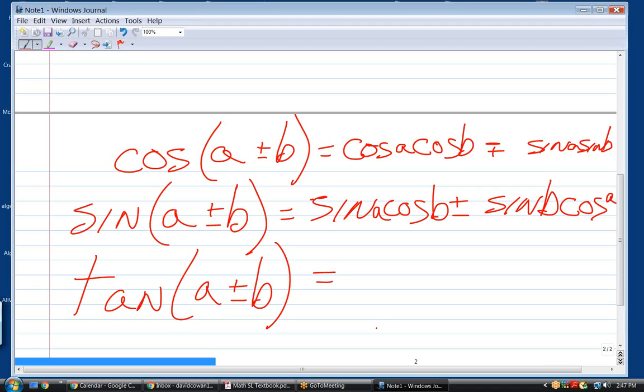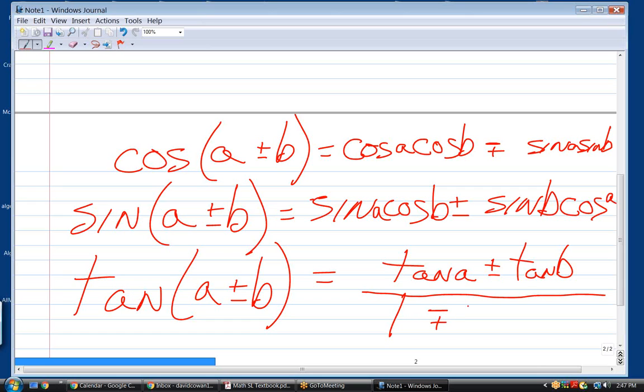The numerator is tangent A plus or minus tangent B. The denominator is 1, opposite, minus or plus the product of those two things: tangent A times tangent B. And like I said, this is probably the hardest one to remember just because there's a numerator and a denominator.